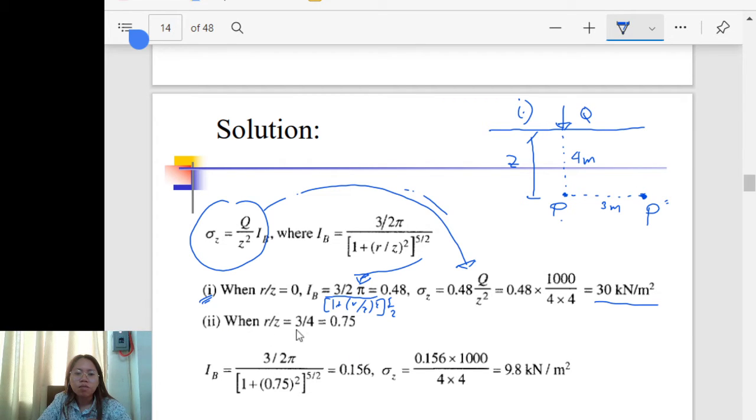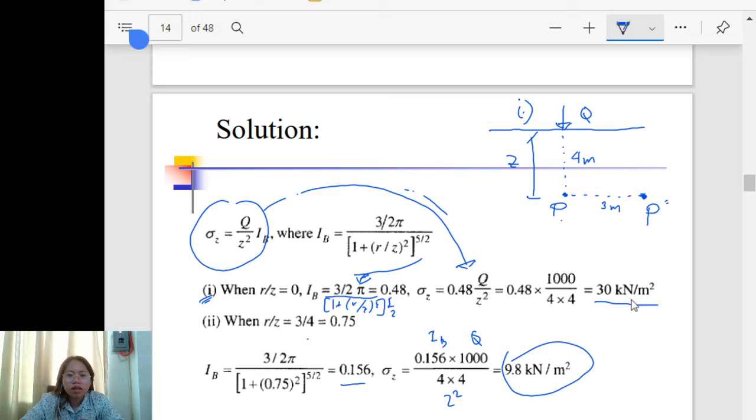When R over Z is equal to 3 over 4, which is 0.75, using the same Boussinesq equation, the answer for I sub B is 0.156. And the stress is equal to I sub B times Q over Z squared, and the answer is 9.8 kilonewton per meter squared.